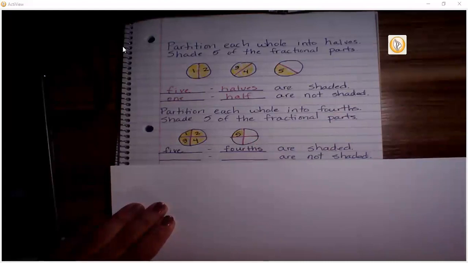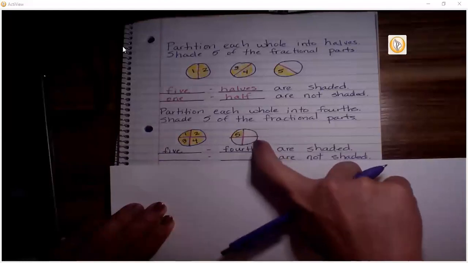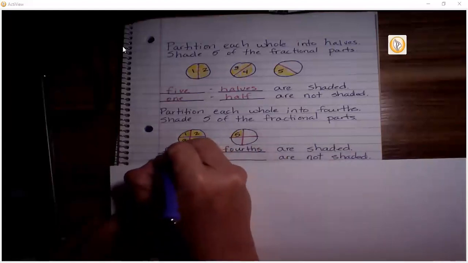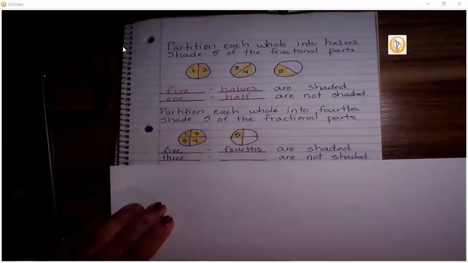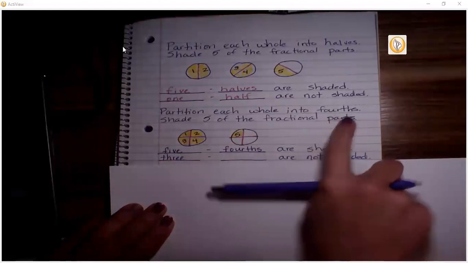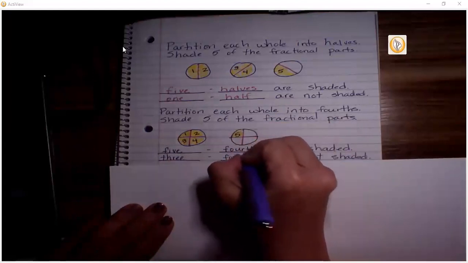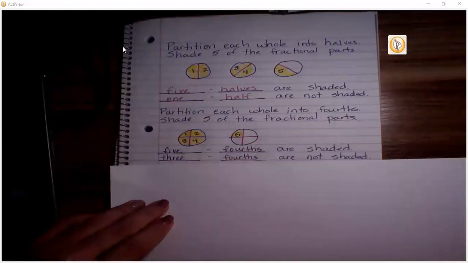I wonder how much is not shaded. Just going to count them out. 1, 2, 3. There's 3 pieces that are not shaded. How big are the pieces? They're fourths. 3/4 are not shaded.